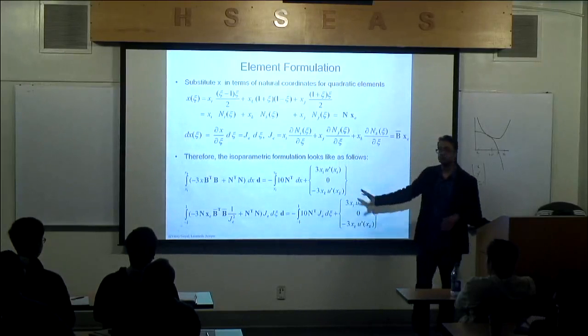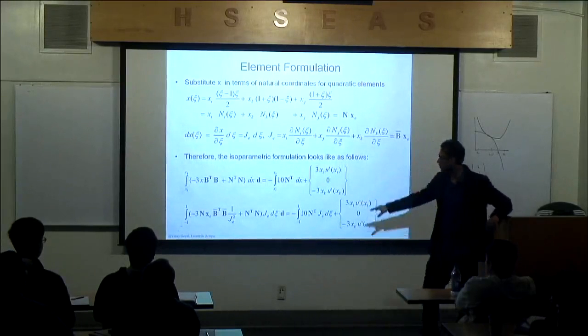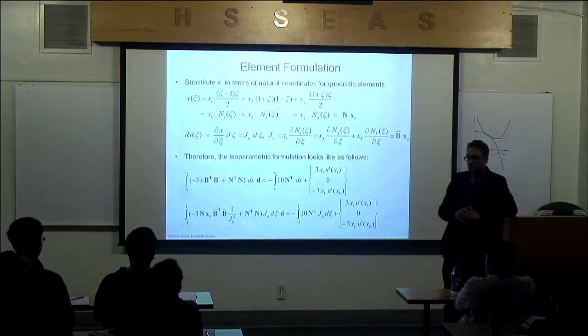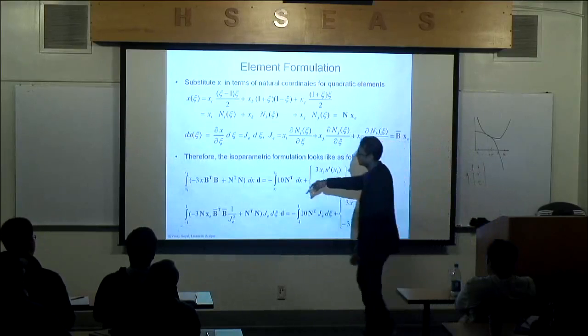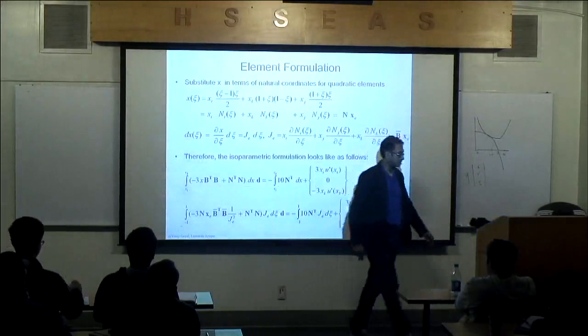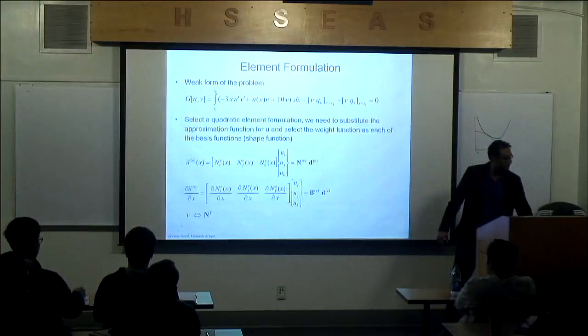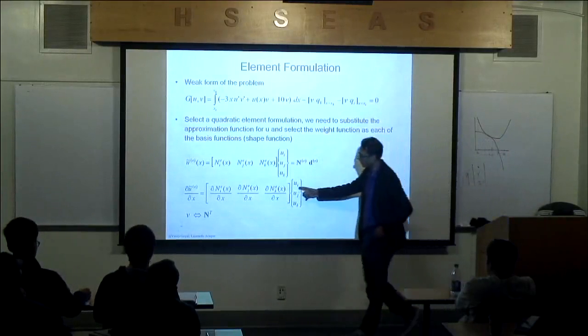Okay. Any questions on this? I just derived the isoparametric formulation. I just did it in one step. Please don't fear to ask any questions. If you don't follow a step, let me know and we'll go back and review. But I think you can follow it because this B, in the previous slide, this B is this B here, B bold.